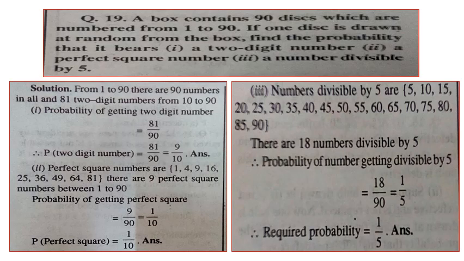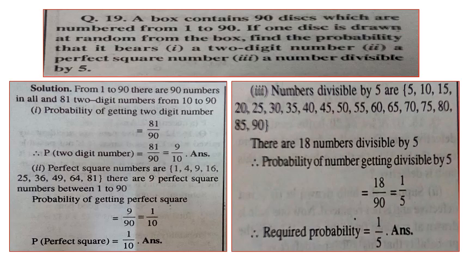Solution. On the discs, the numbers marked are 1 to 90. So there are totally 90 numbers. The total number of outcomes is equal to 90.